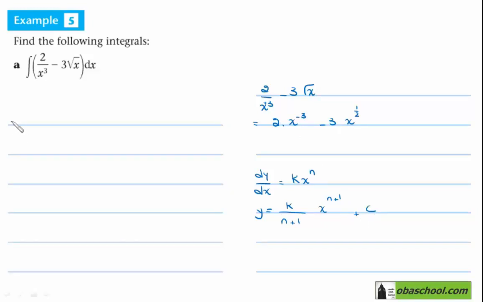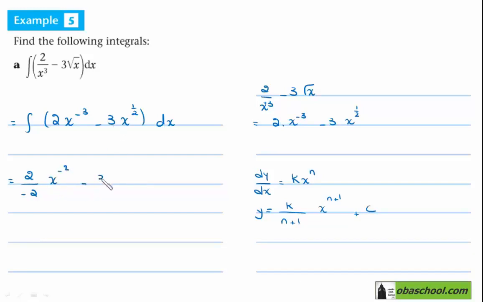Let's do part A now. We have to find the integration of 2x to the power minus 3 minus 3 multiplied by x to the power half with respect to dx. Let's do it straightforward. The integration of the first term is k divided by n plus 1, that is minus 3 plus 1, which is minus 2, multiplied by x to the power minus 2.